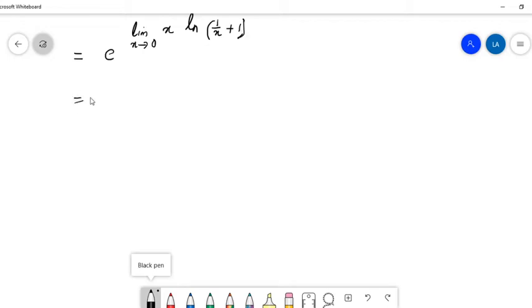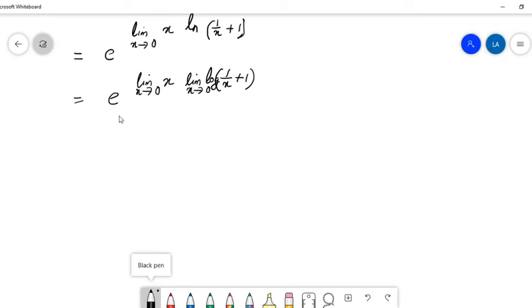And this is equal to e raised to limit x tends to 0, x into limit x tends to 0 log of 1 by x plus 1, just applying limit on the product here.